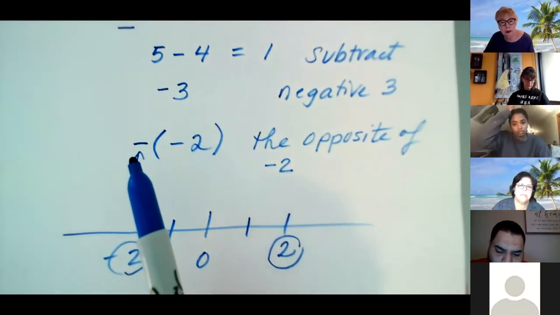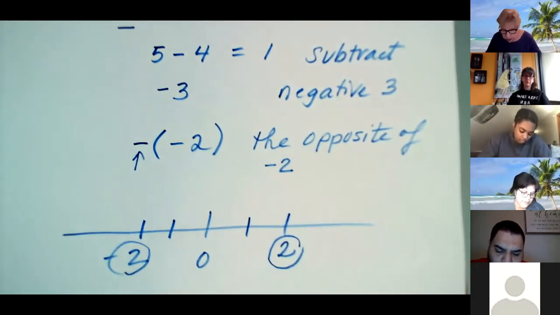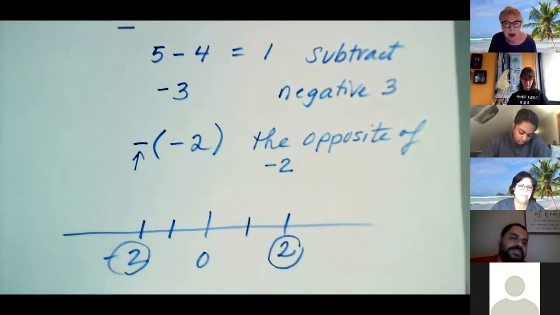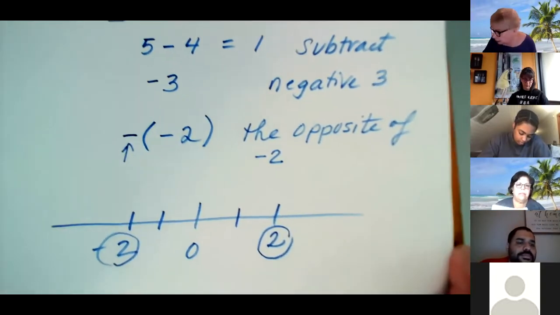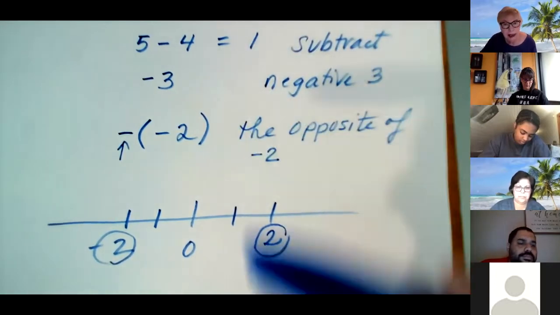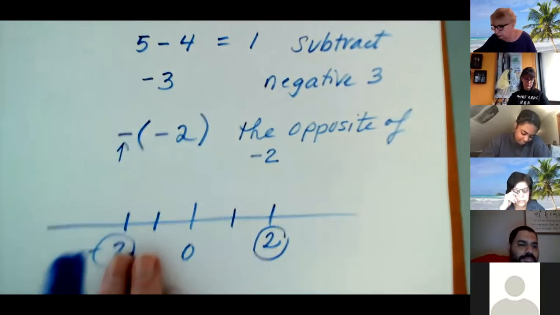This can be interpreted as the opposite of -2 for the moment. But the word minus comes in sometimes, and I don't think it ruins anything. But we need to keep in mind there are multiple versions of that.